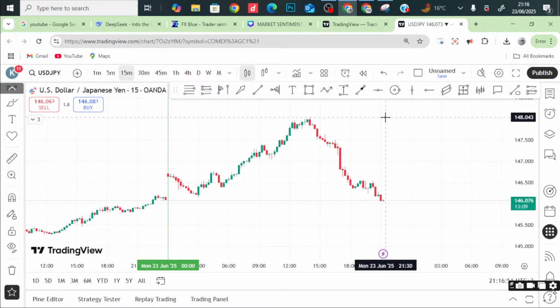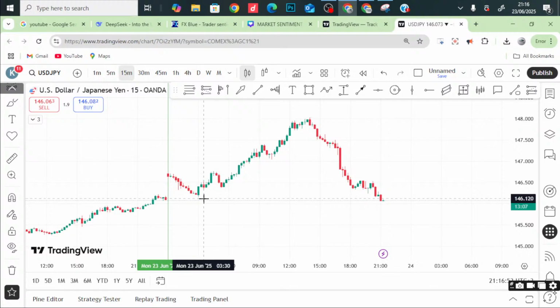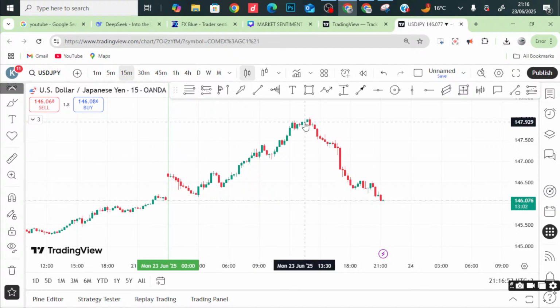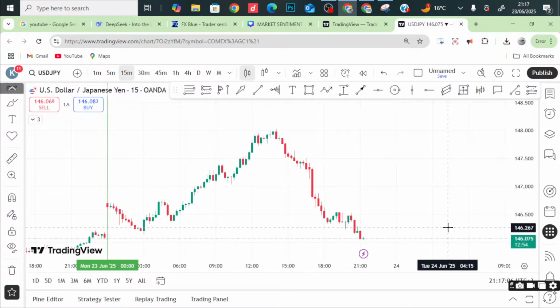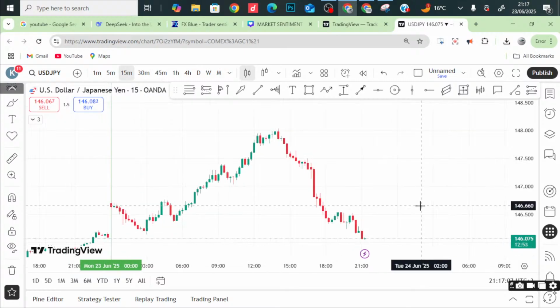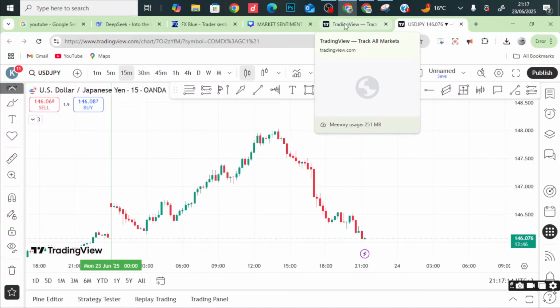As we can see, the market started up bullish, then went down to a bearish position. This was USD JPY.